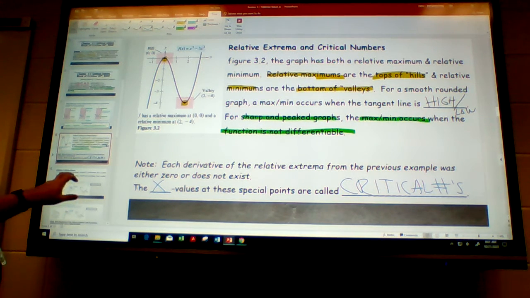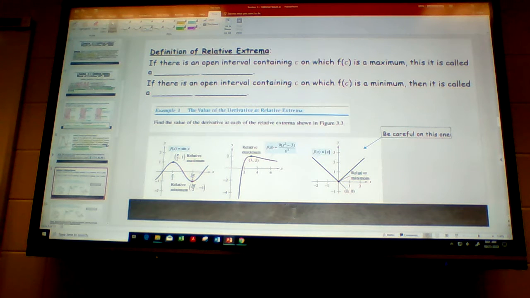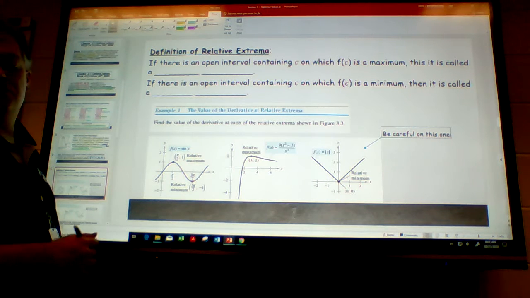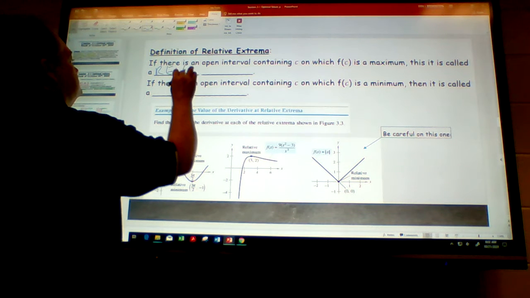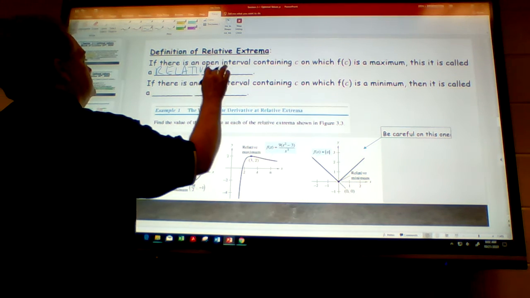All right, now, if there is an open interval containing c on which f of c is a maximum, it is what's called the relative maximum.